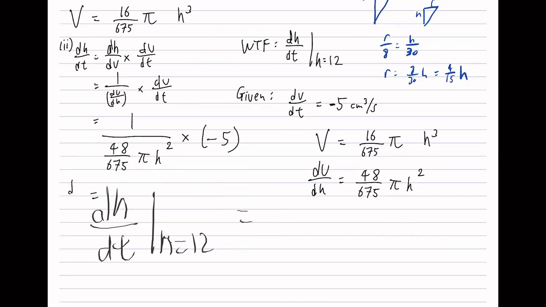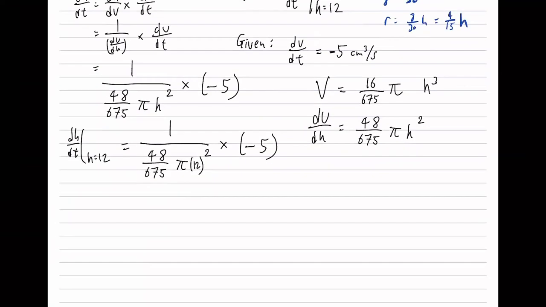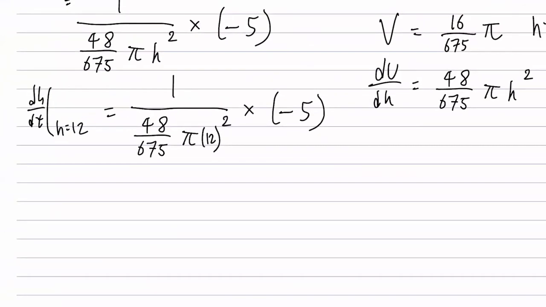And then finally, dh by dt, you sub in h equals 12. Let me just sub in the entire thing with a 12. Then you can try to get the exact form. That's it. You will get a negative value as your answer.